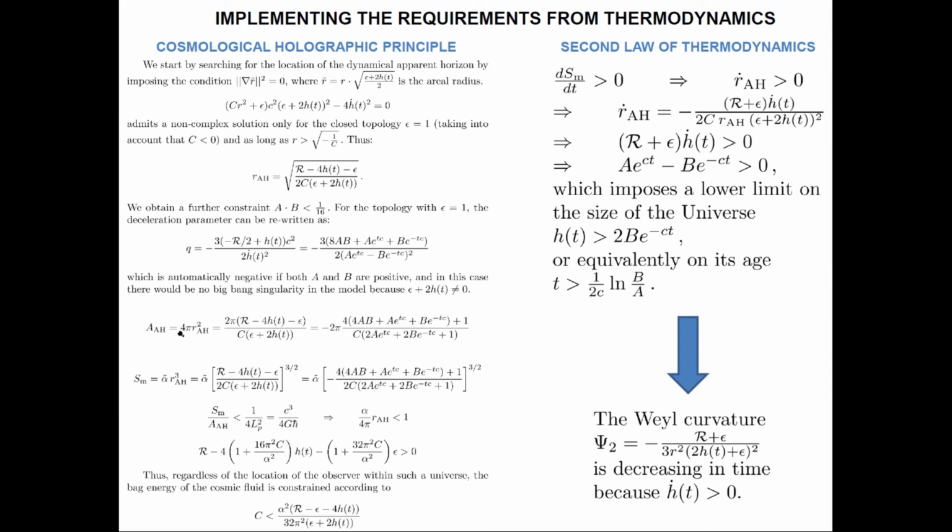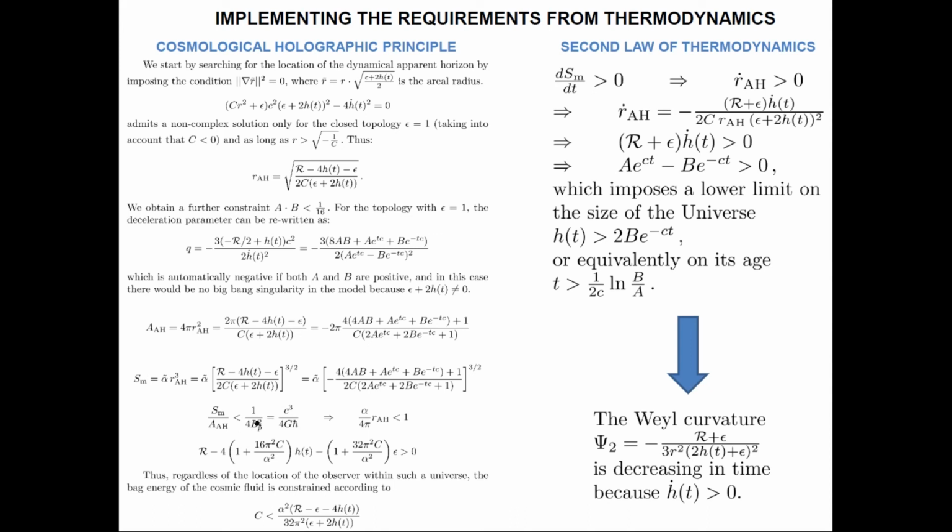Then we compute the area of a region bounded by the dynamical apparent horizon, and we compute the entropy of the matter content inside this region. So this alpha tilde is a constant inside which I put some factors of pi, h bar, k Boltzmann, and so on. And this quantity is scaling as the cube of R. We impose the holographic principle, so the matter entropy over the area of the dynamical apparent horizon should be bounded by 1/4 in natural units.